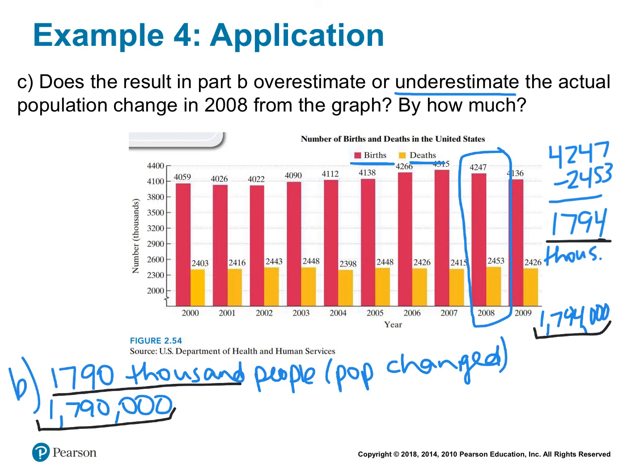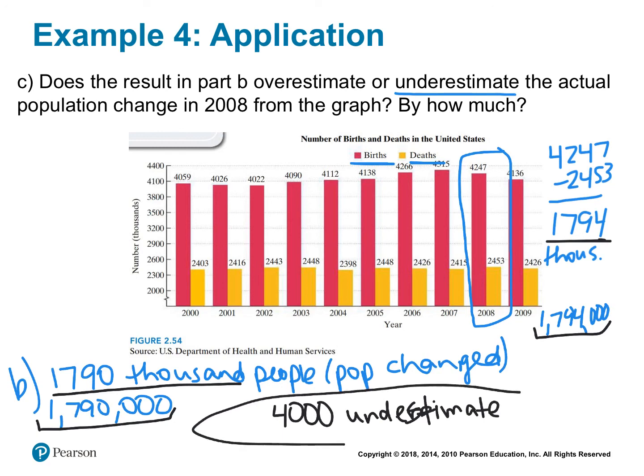So if I subtract those, it's going to be a difference of 4,000. So we underestimated by 4,000. And I need to put a label. That is people.